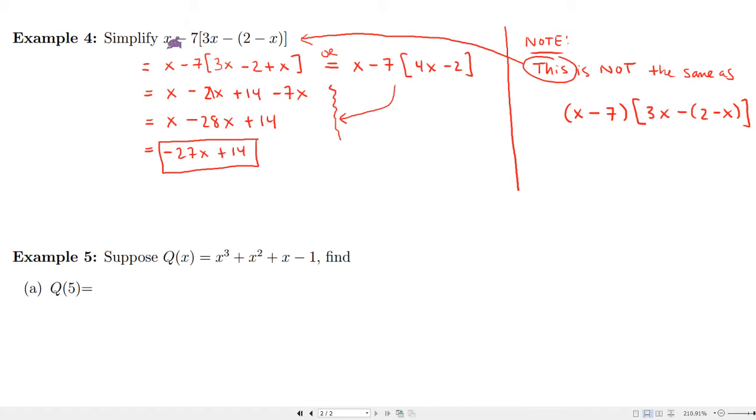Over here, you see that the x is by itself, and only this minus 7 gets distributed. So it's very important to look at situations like this, and when they come up, make sure you realize when you need to include those parentheses and when they are actually included or not. So you have to be very careful when simplifying and constructing your answers. Very common little mistakes can happen here and there.